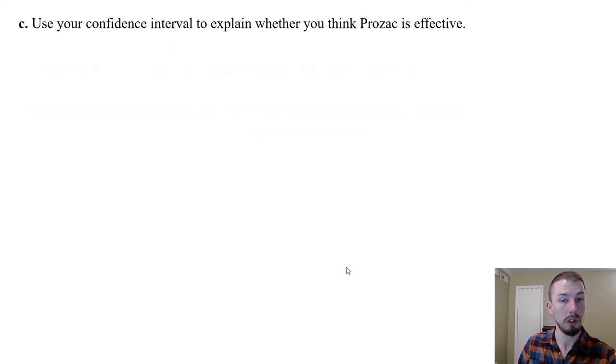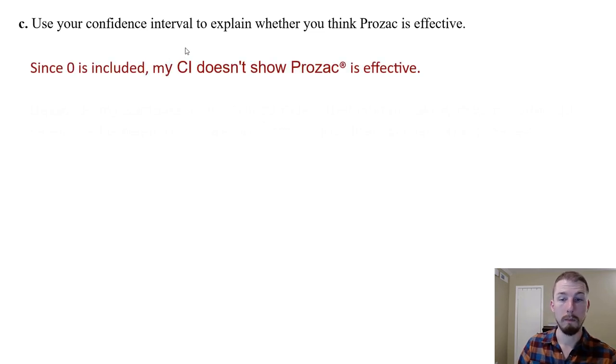So unfortunately, we failed to gather enough evidence to suggest that it is effective. So we would fail to approve this drug because not only do you have to show that it's safe, the FDA would have to show that it's effective, and that's actually worthwhile. So since zero is included in my confidence interval, it doesn't show that Prozac is effective. We failed to find statistically significant evidence of the effectiveness of Prozac. In fact, our placebo group had a higher recovery rate than our Prozac group, which is not looking good.